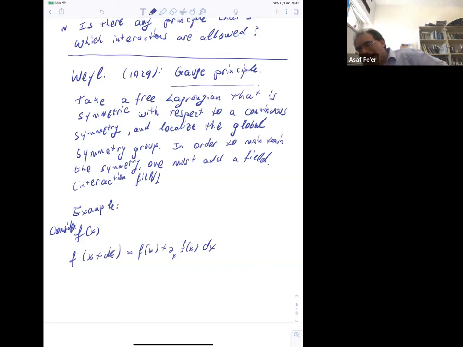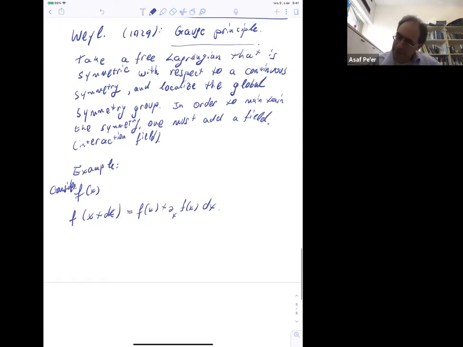Weyl's idea was to change the space. He proposed basically to change the scale, the unit of measure. So Weyl says, let's change the scale of space.